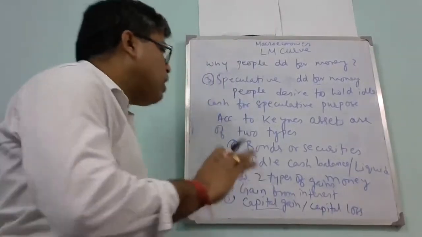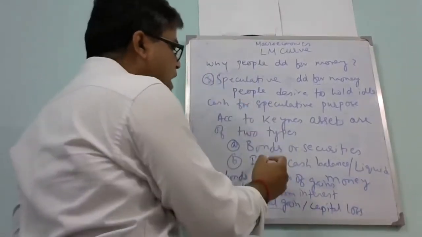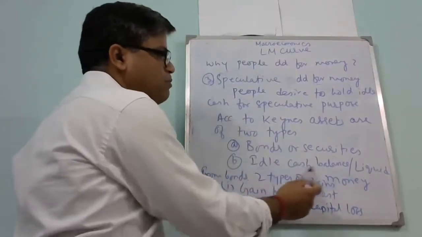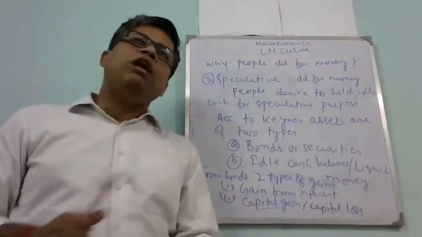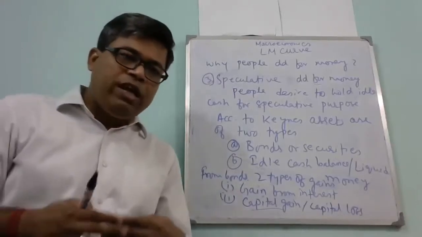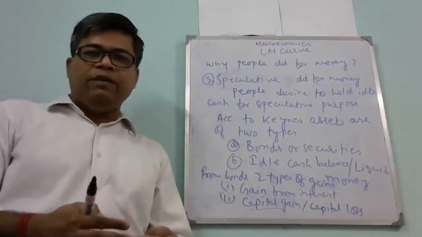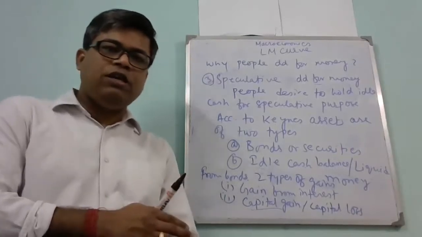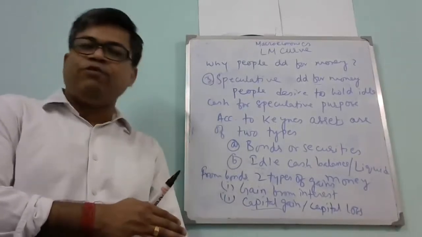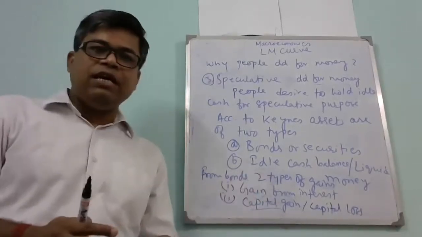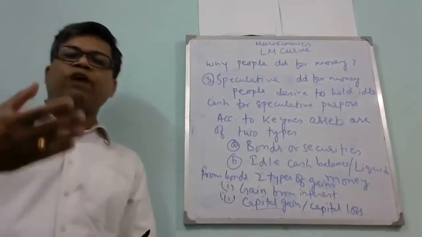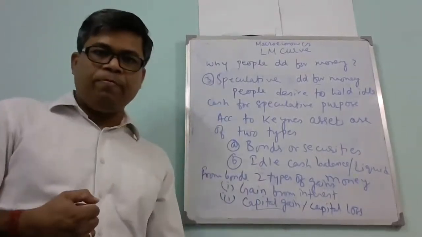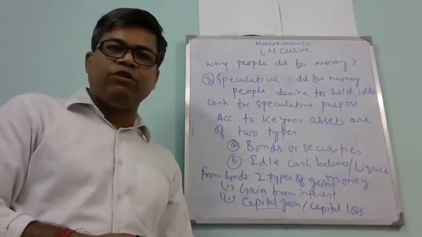Now another case is if the asset holders hold their asset in the form of idle cash balance or liquid money. Then there is no interest gain or interest loss from that idle cash balance. If a person has, suppose, 5 crore rupees and keeps it in his locker, he will not get any interest out of it.